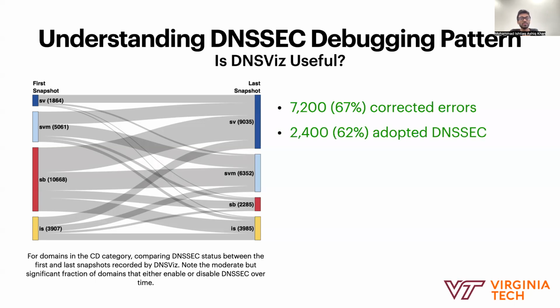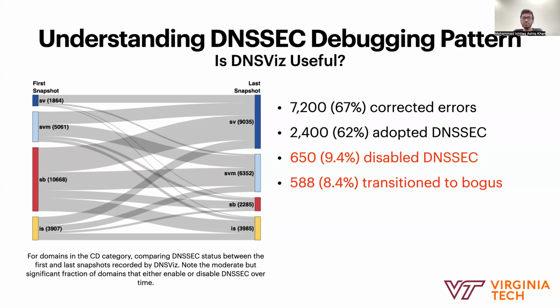We find that 7,200 of the domains that previously belonged to the signed and bogus category actually corrected their errors and transitioned to either SV or SVM. And 2,400 of the domains that previously belonged to the insecure category, out of 3,907, adopted DNSSEC. So definitely there is a positive transition, and that means that administrators actually are using DNSViz to fix or deploy DNSSEC.